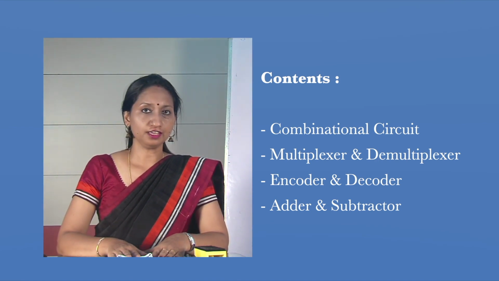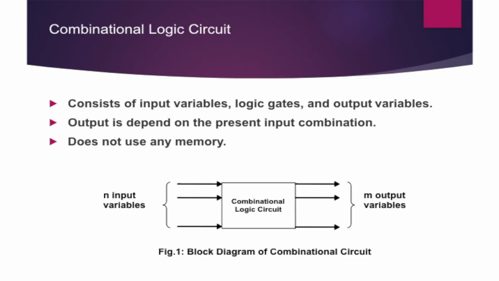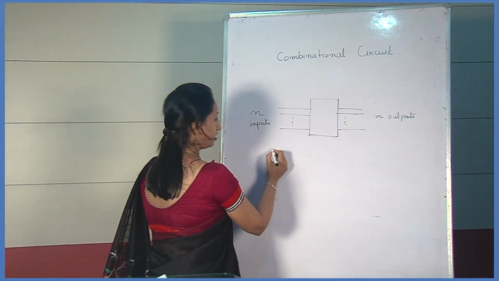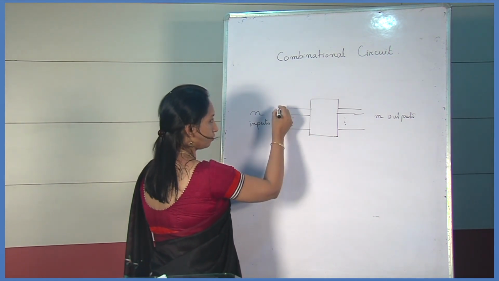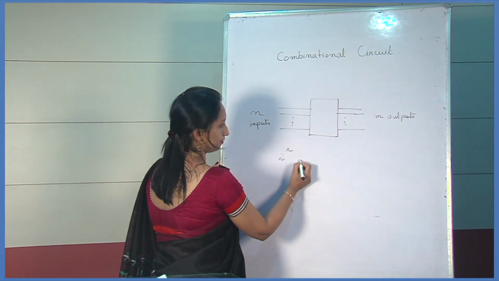So first, let us see what a combinational logic circuit is. A combinational logic circuit includes inputs, then logic gates, and outputs. The output depends on the present input values, and it does not have any memory. If there are n inputs, then the total possible combinations of inputs will be 2 to the power n combinations.